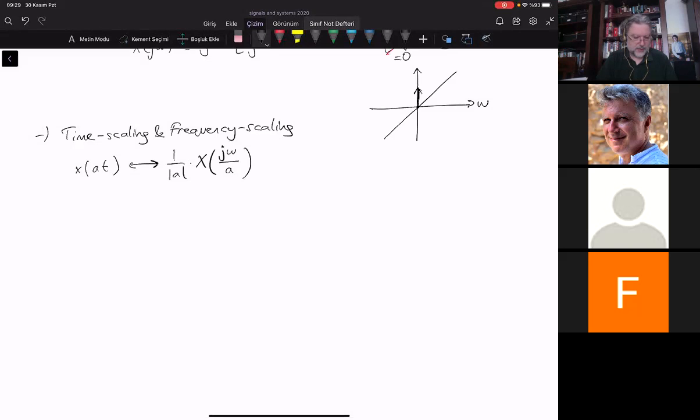And it's also valid for negative a's as well. The proof is, again, not very difficult. You just write down the formula of the Fourier transform inside the integral, and you substitute this by changing variables. It will correspond to a new Fourier transform, which really corresponds to this. And the proof can be found in the book. It's very straightforward.